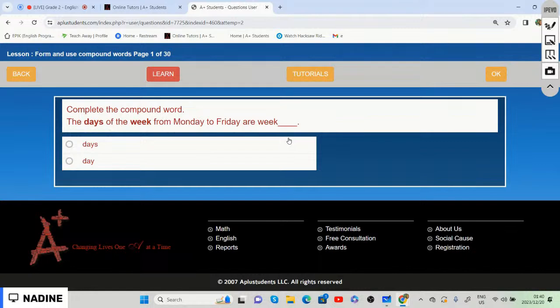You need to look at the words that are in bold in order to basically find the compound word, right? So we need to complete the compound word.